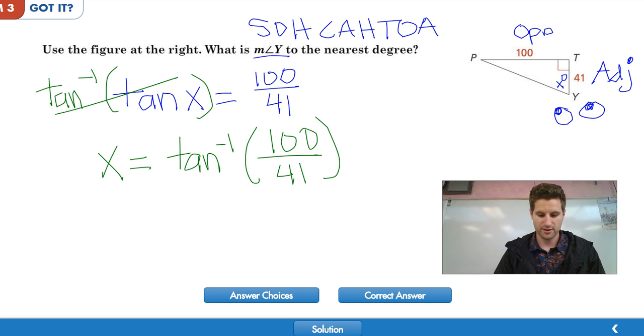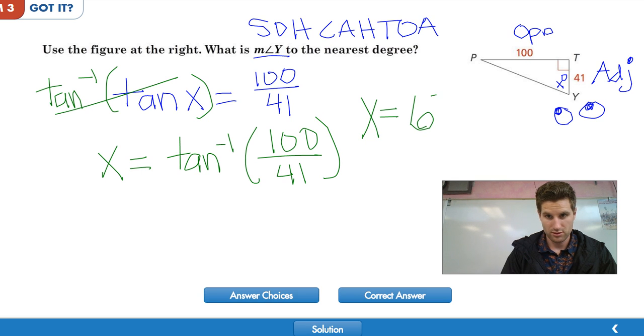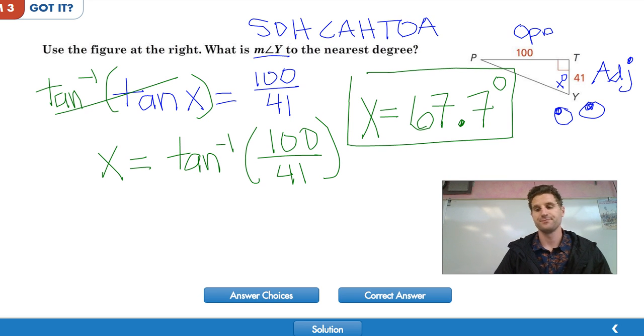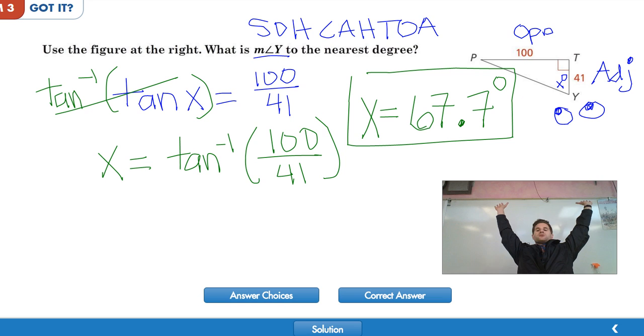Take out the calculator, and inverse tan, 100 divided by 41, and I get 67.7 degrees, because we're talking about an angle. And I'm out. That's it.